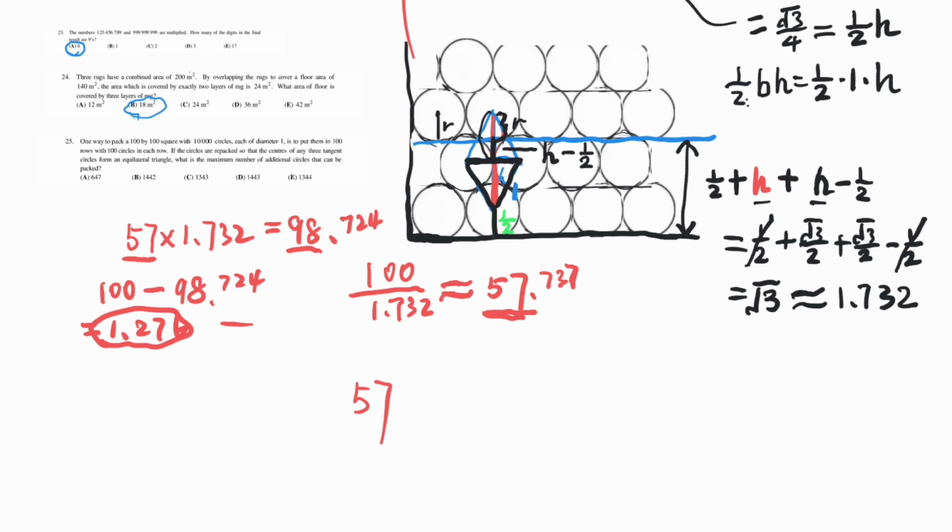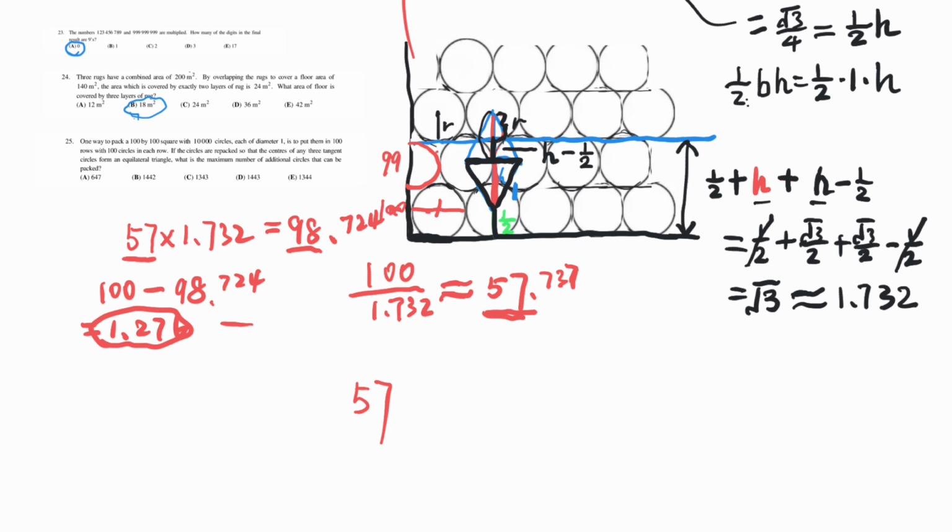The first row is just normal, the diameter is 1, so we have 100 circles. But in the second row, we are short half a circle at the beginning and also half at the end, so the total will be 99 on this row.